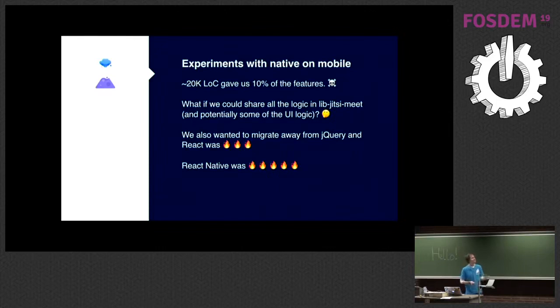So what if we could somehow reuse these things and at least make use of all the man hours that were spent there, all the knowledge that was poured into that library, and all the problems that are already solved. At the same time, Jitsi Meet is an application that was built around, I think, 2014 or something, so, you know, it uses jQuery.